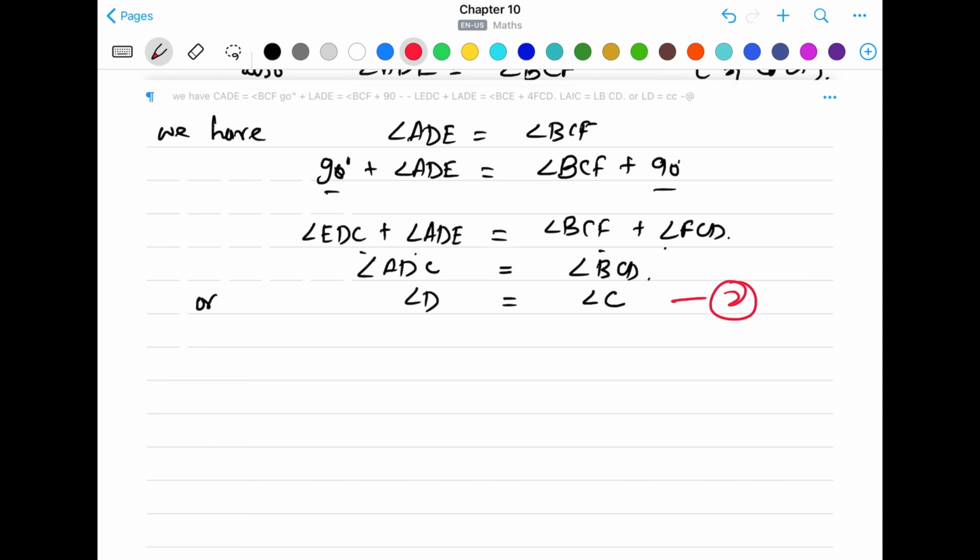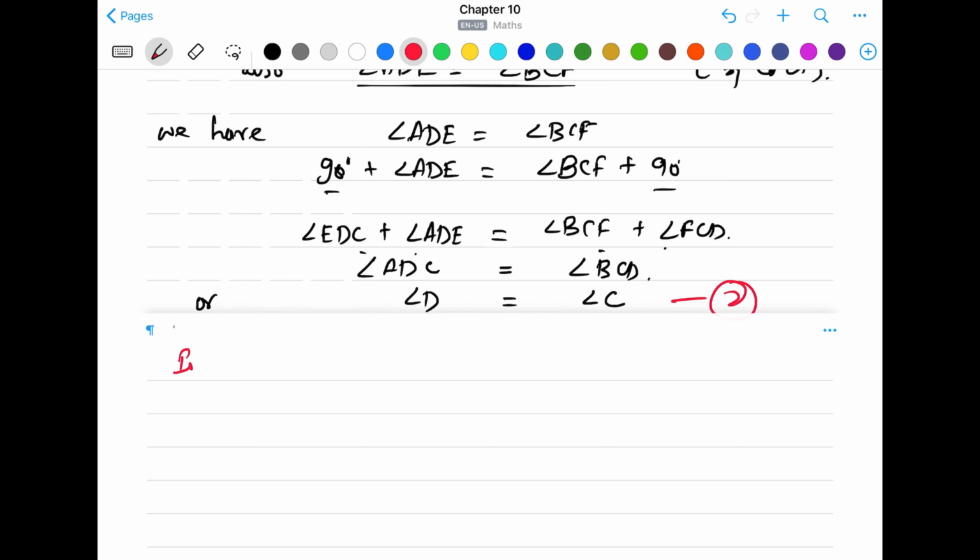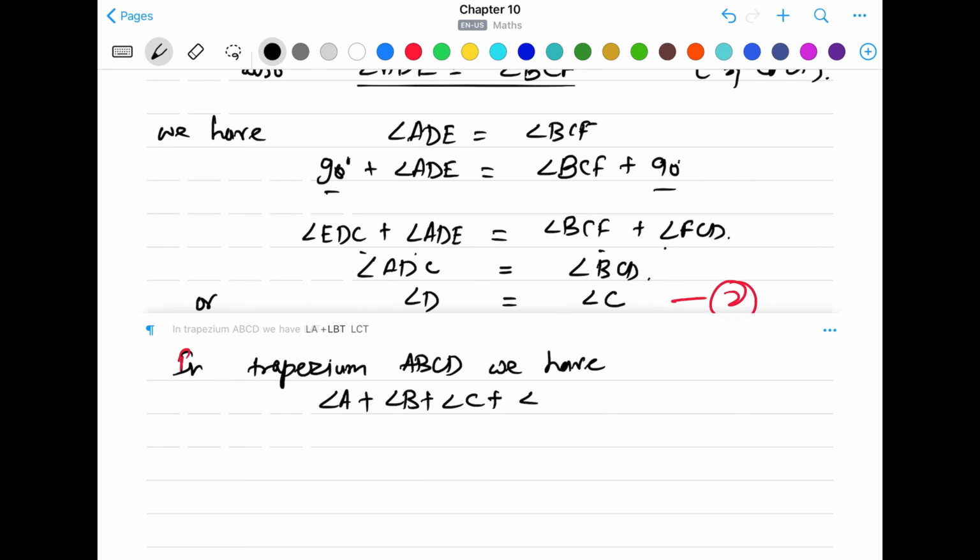Now we'll apply the angle sum property for this quadrilateral. In trapezium ABCD, we have that angle A plus angle B plus angle C plus angle D will be equal to 360 degree.